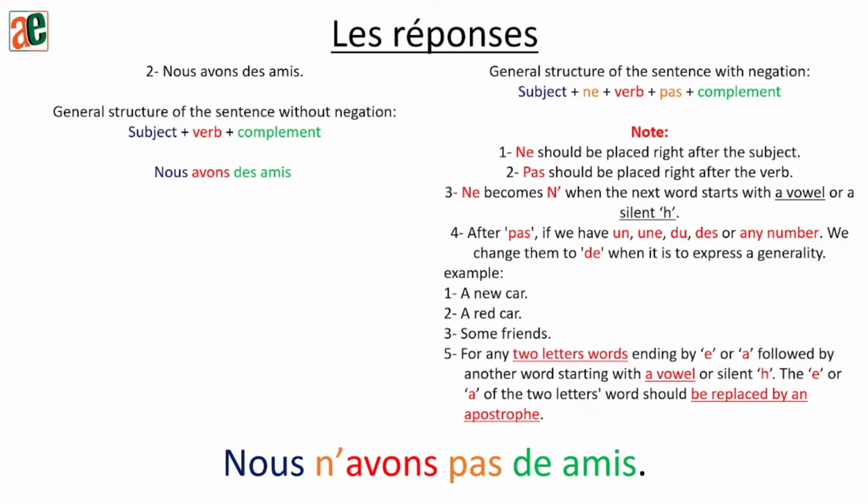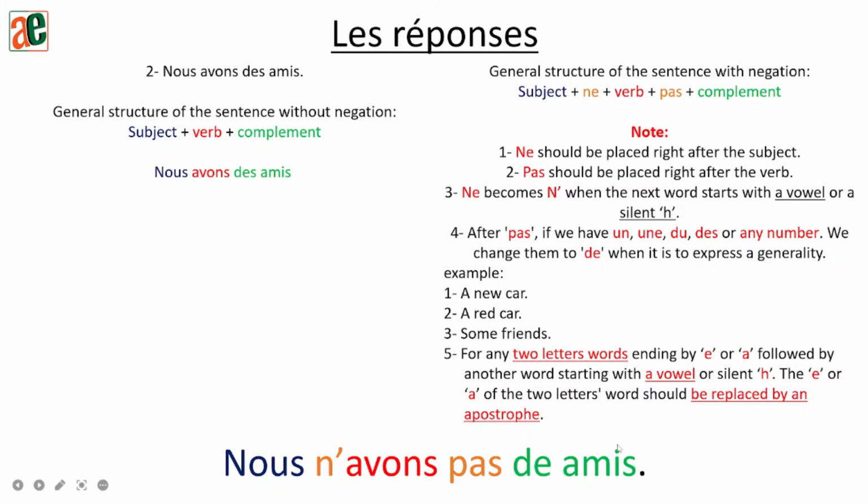Now there is one last point here that you need to pay attention to. This is a French rule. For any two letters word ending with e or a, followed by another word starting with a vowel or a silent h, the e or a of the two letters word should be replaced by an apostrophe. Here we have a two letters word, and it ends with e, followed by another word starting with a vowel.